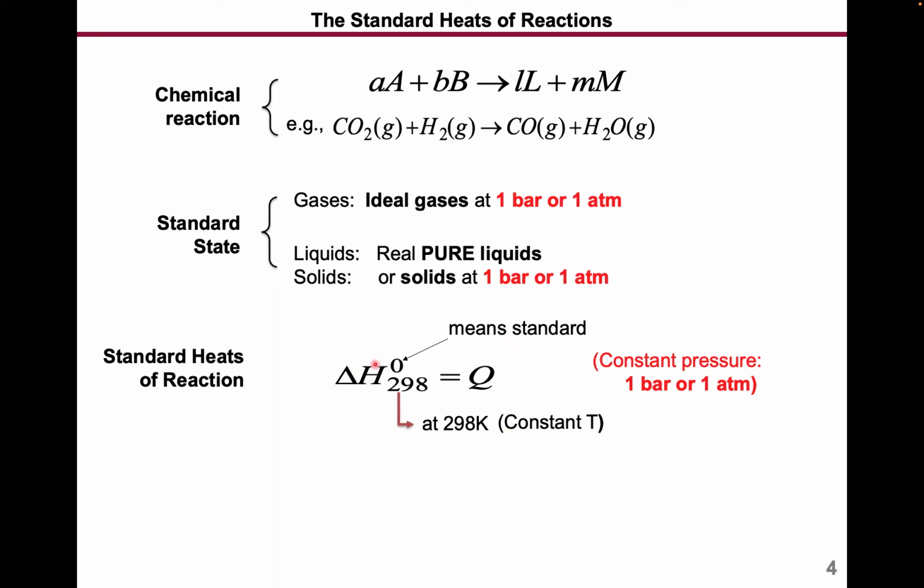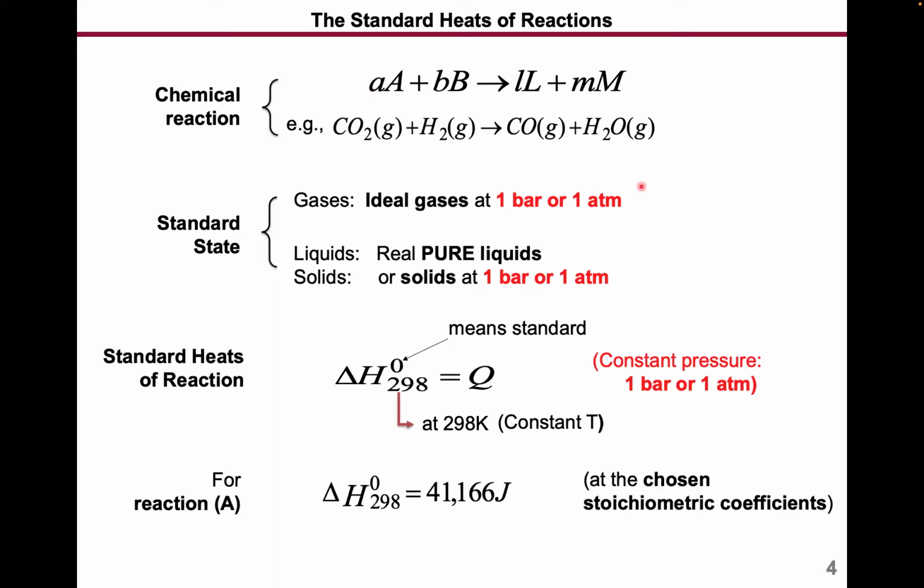All right, so the standard enthalpy of reaction is just equal to the heat of reaction. So from now on, we will just use delta H to represent the heat of reaction, okay? All right, so for example, for this particular reaction, the determination of this is through the heat of formation, which we will introduce on the next slide.